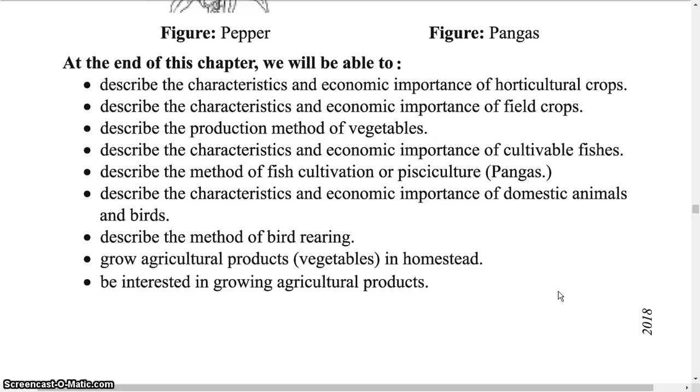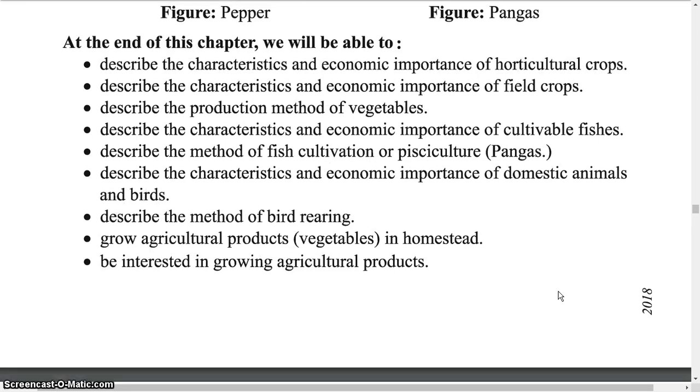Describe the method of fish cultivation or pisciculture, especially pangas. Describe the characteristics and economic importance of domestic animals and birds. Describe the method of bird rearing. Grow agricultural products, vegetables in the homestead. Be interested in growing agricultural products.